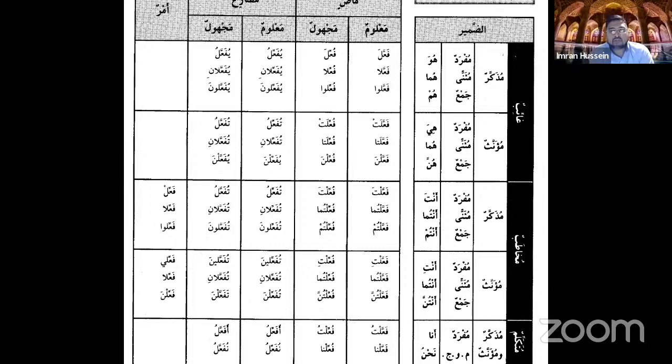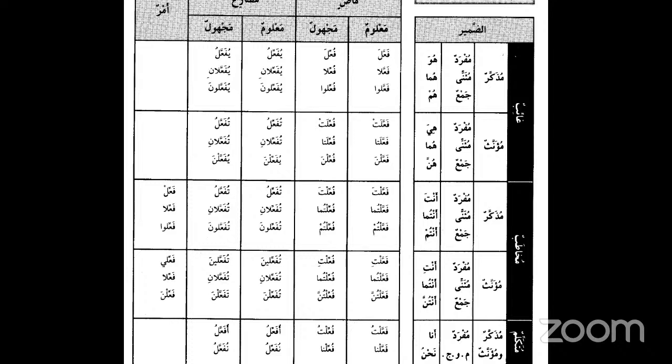Now, I want you to do the verb. I'm going to write this verb in the chat box so you know how to spell it. The verb is tahara yutahiru. Tahara, yutahiru. Tathir is the root word.